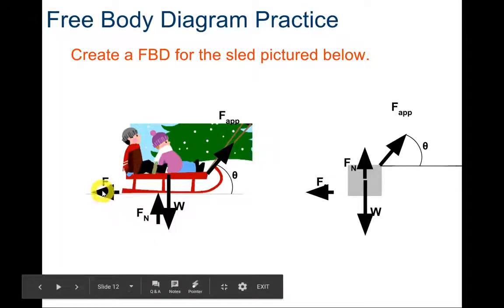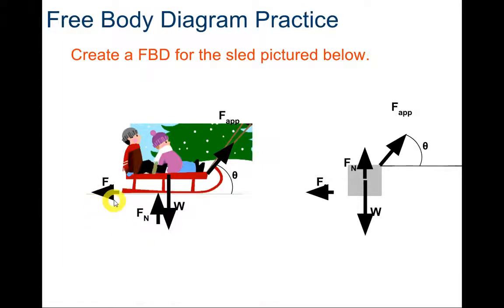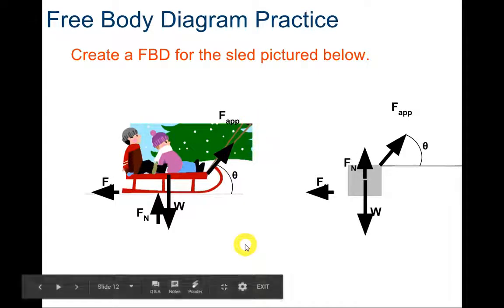And then this is a frictional force. There's a little F hidden right here. Make sure you include that. F sub F, frictional force, pushing back, right? There's not much friction on the snow, but there's some. It wants to pull back. And then mom or dad is pulling the kids, and that is an applied force.